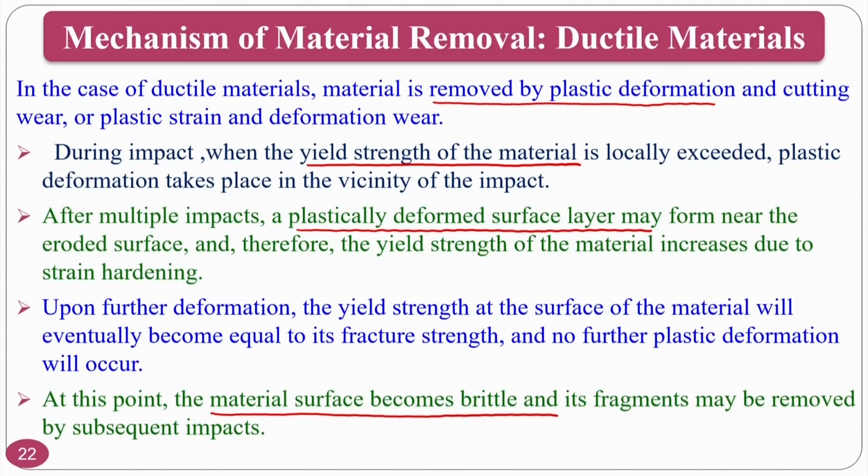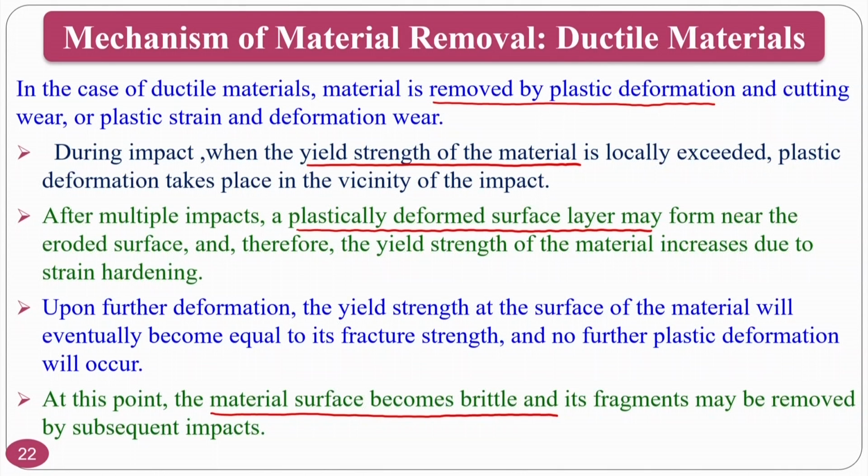That means that millions and millions of abrasive particles which are carried by the carrier gas impinge on the workpiece. So plastic deformation, strain increases, and the plastic deformation still goes on increasing, and fracture will take place.